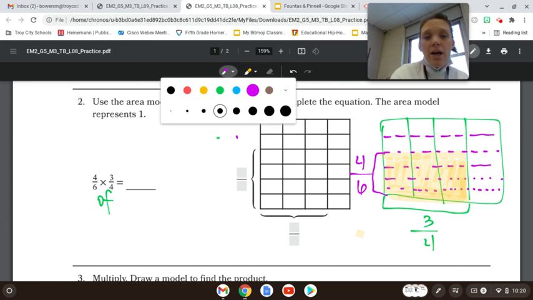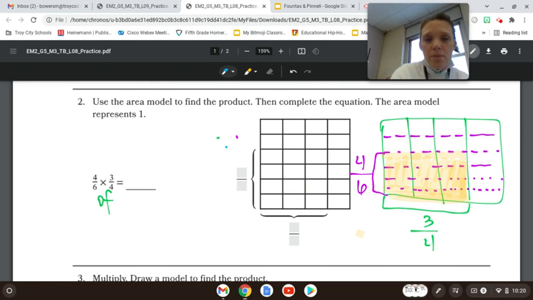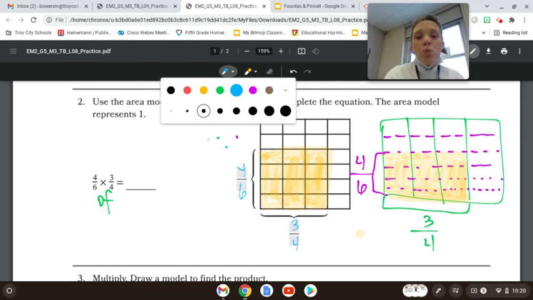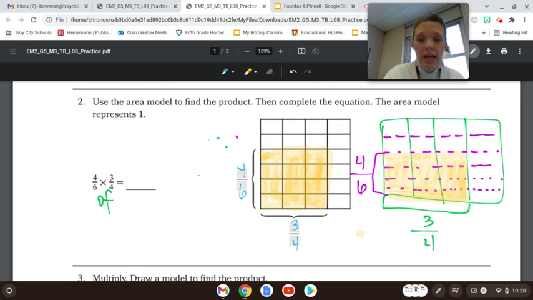If you were to write it on your own paper, this would be 3/4. This would be 4/6. I'm going to be shading in 4/6 of 3/4. Okay. So my numerator would be what is shaded, and we shaded in 3, 6, 9, 12 out of a possible 24.